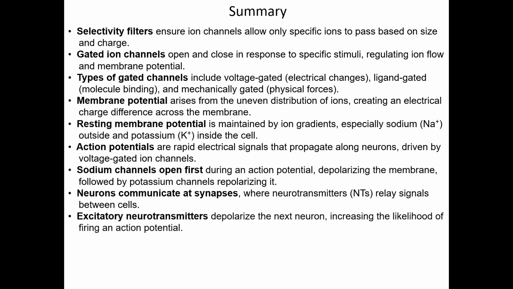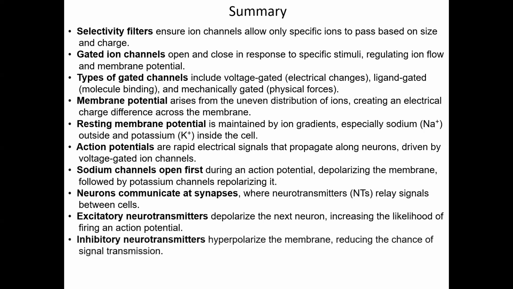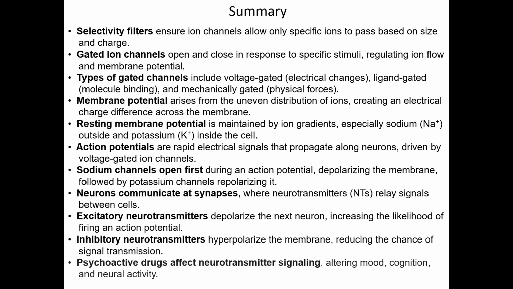They slightly depolarize the postsynaptic neuron, getting us closer to the threshold potential that's going to have sodium channels open in that postsynaptic neuron. That makes it more likely that an action potential will be fired. And some neurotransmitters are inhibitory. They hyperpolarize the membrane, a fancy way of saying they make the membrane potential more negative, moving us further away from the threshold potential, making it harder for sodium channels to open in that postsynaptic neuron, thereby making it harder for an action potential to fire.